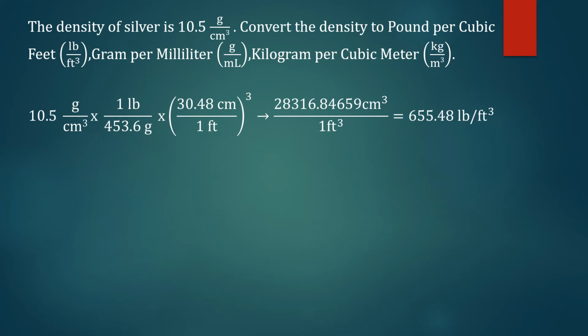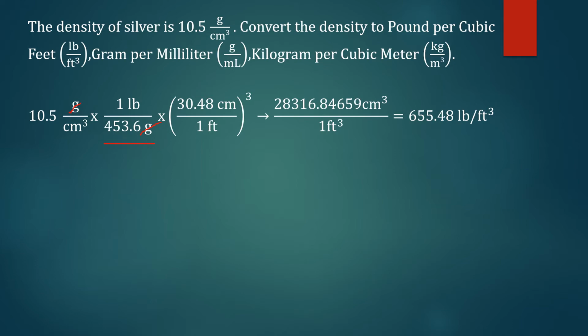So as you can see, we have used the pound to gram conversion factor so that we can cancel out the grams, and we will be left with pound. And then next, since we have successfully converted the gram into pounds, we will now be converting the cubic centimeter to cubic feet.